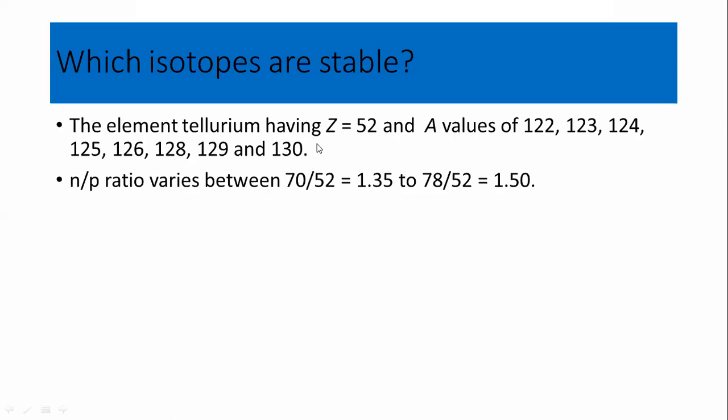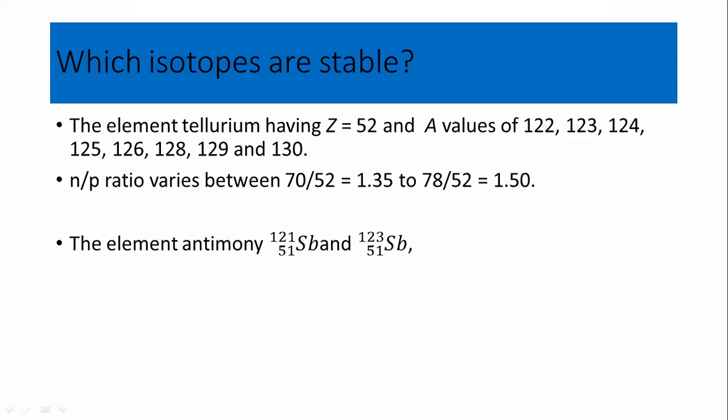I have already calculated it, starting with the first one and ending with the last one, and the ratio is between 1.35 and 1.5. You can do it at home, and in the next class we will discuss this in detail. You have to identify among these isotopes which are stable and which are radioactive nuclides.